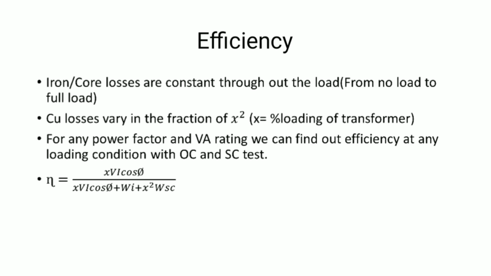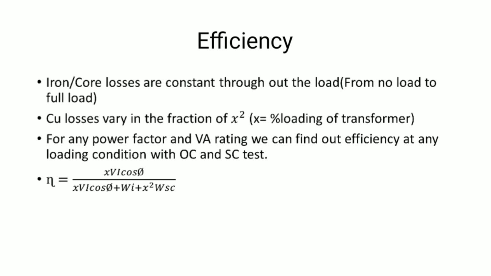Efficiency of the transformer. Now formula of the efficiency of the transformer is nothing but the output upon input. So we know the kVA rating of the transformer. So kVA rating for any given power factor we can find out, and for any loading condition we can find out the efficiency of the transformer.